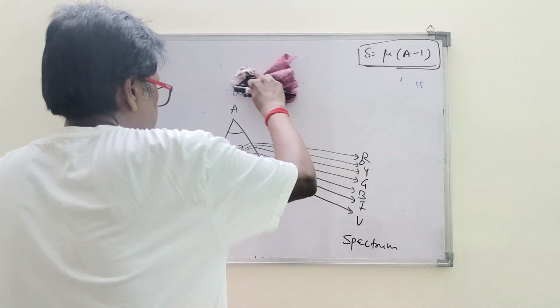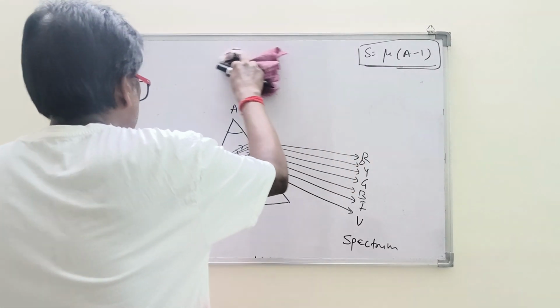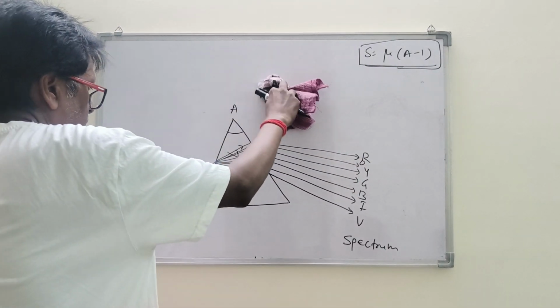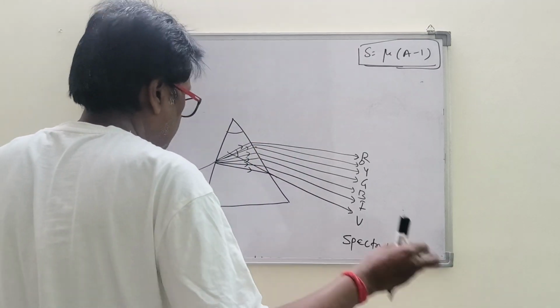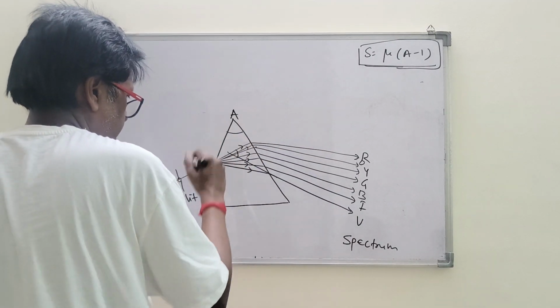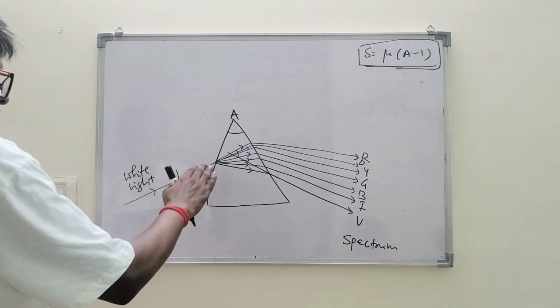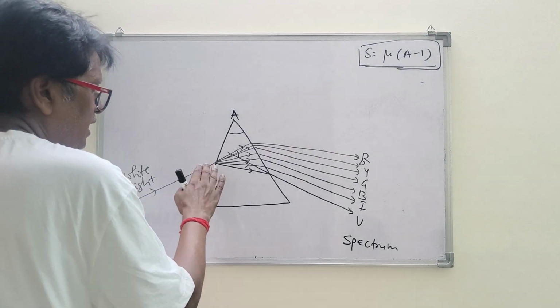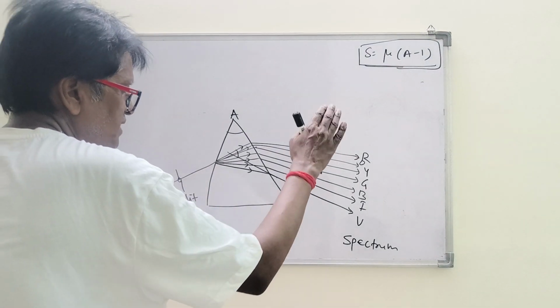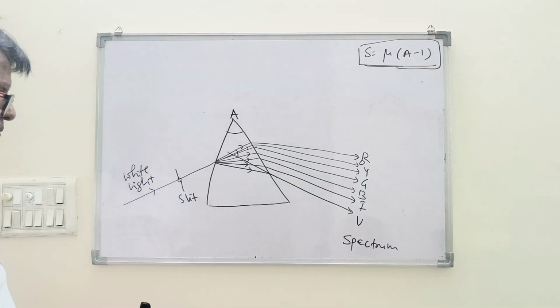Before we discuss some other phenomena, we will start from one fact. What is the dispersion of light? When a white ray of light is passed through a glass prism, it is split into 7 component colors.